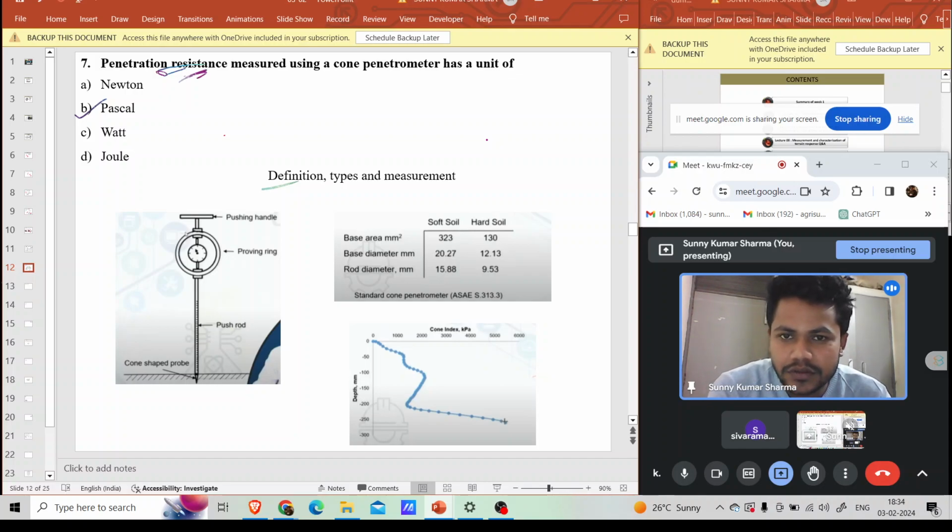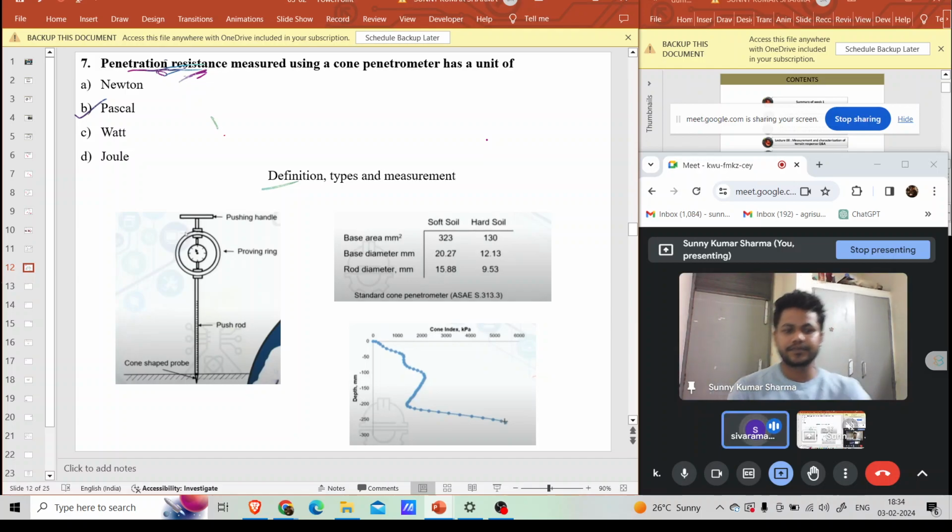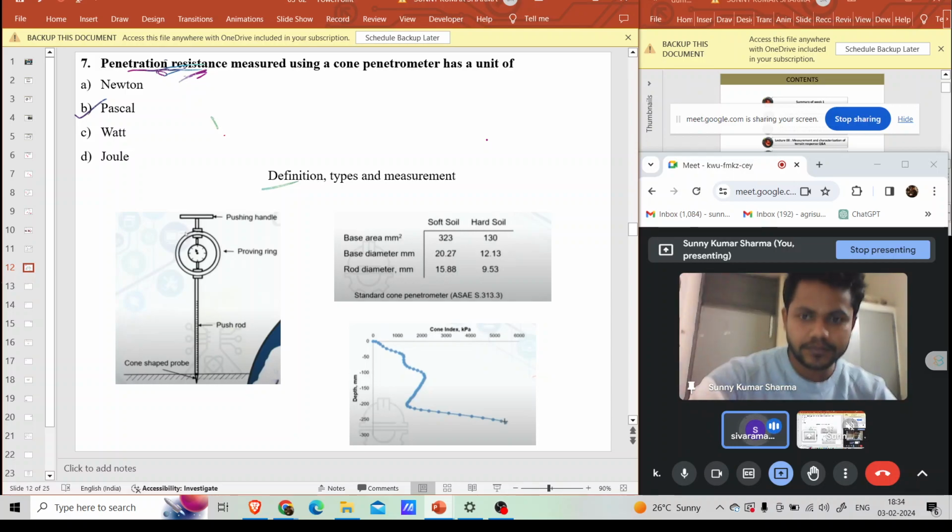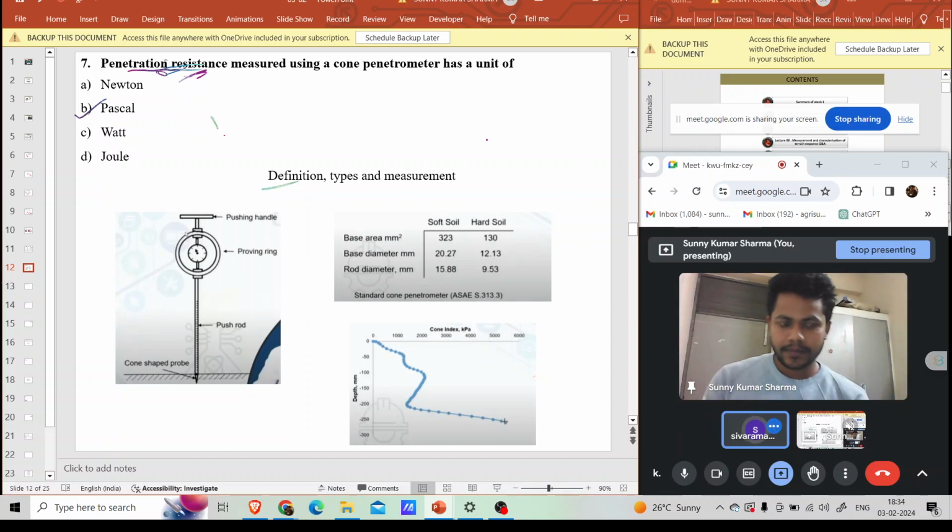This is nothing but the cone index. It is the resistance expressed by the layer of the soil against the pressure or force we give to the soil.